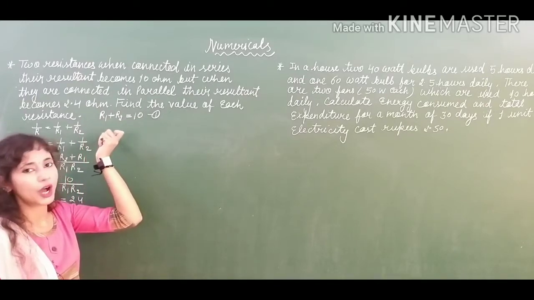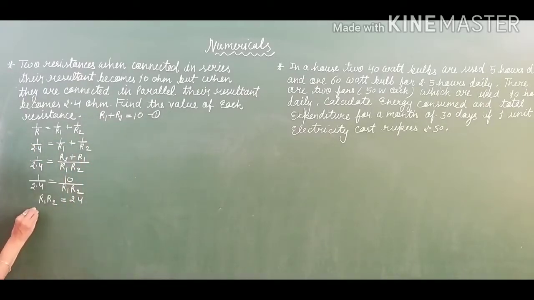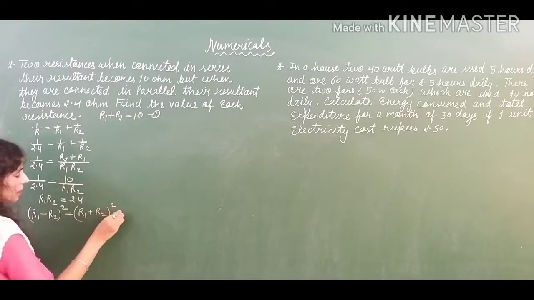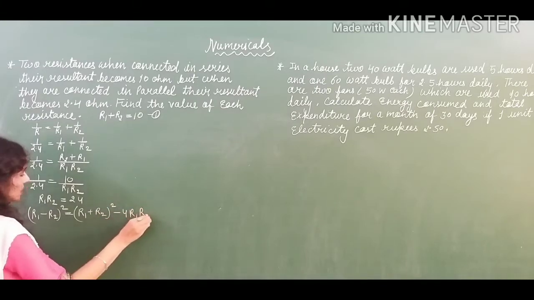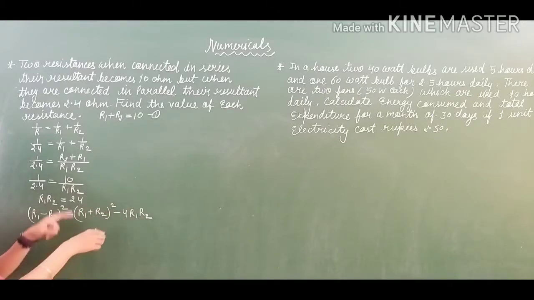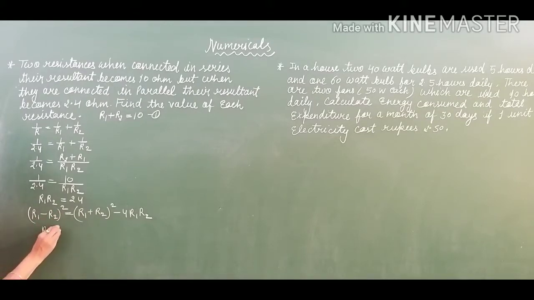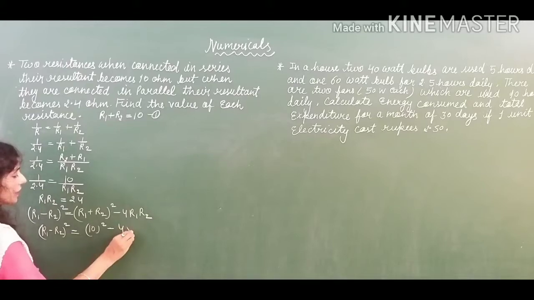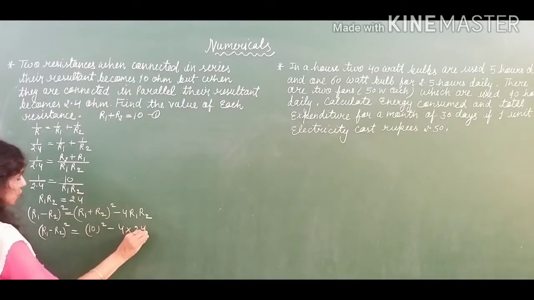So we have one equation, R1 plus R2 equals 10. If we want the value of R1 minus R2, how will this be solved? You can use the identity (R1 minus R2) whole square equals (R1 plus R2) whole square minus 4 R1 R2. This is for (A minus B) square equals (A plus B) whole square minus 4AB. Now R1 plus R2 we have 10 whole square, minus 4 R1 R2, and R1 R2 we have 24.